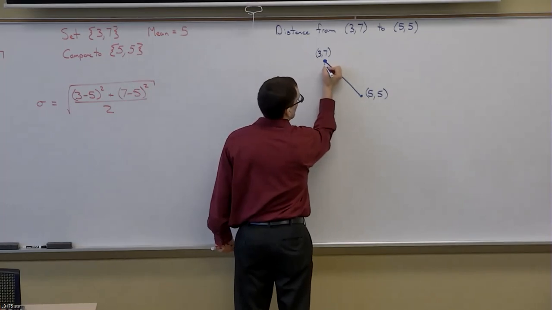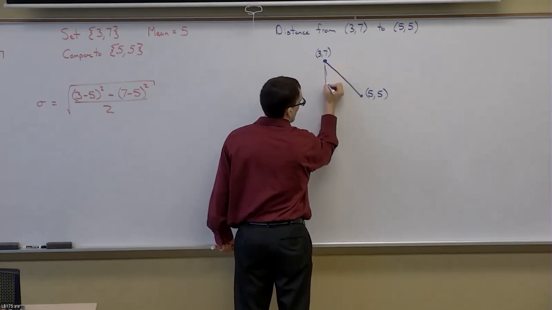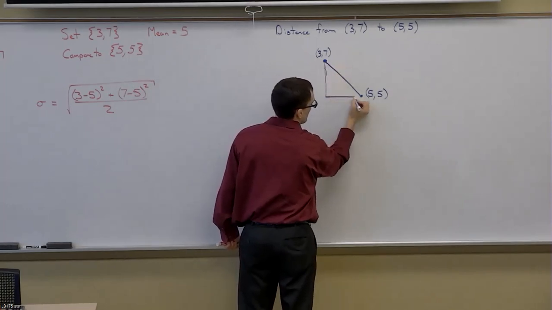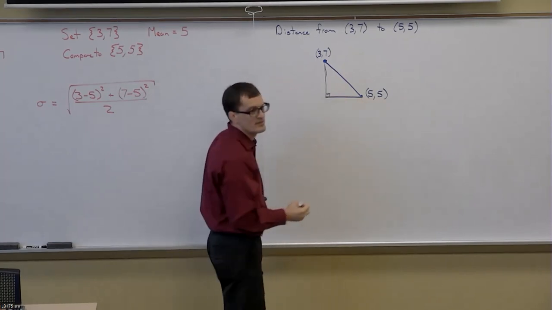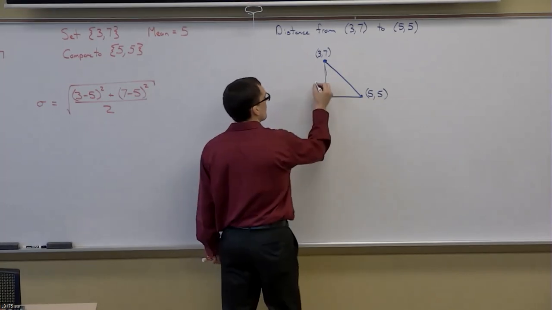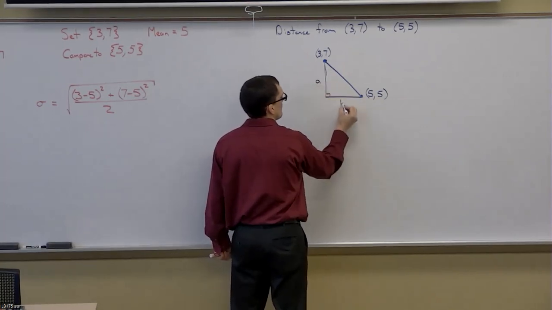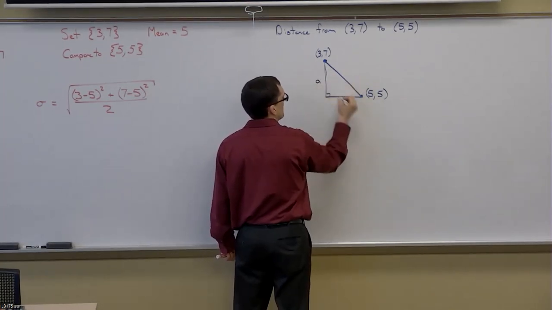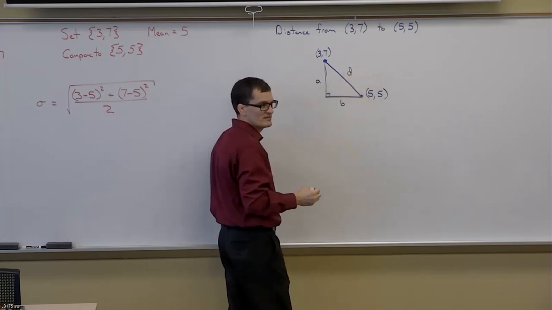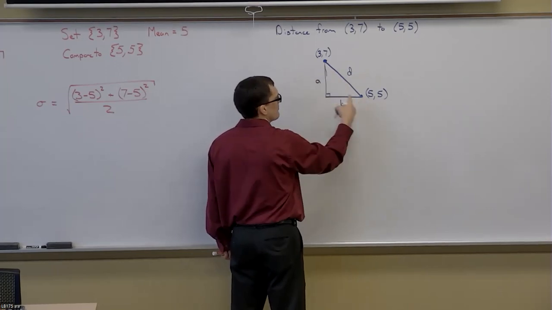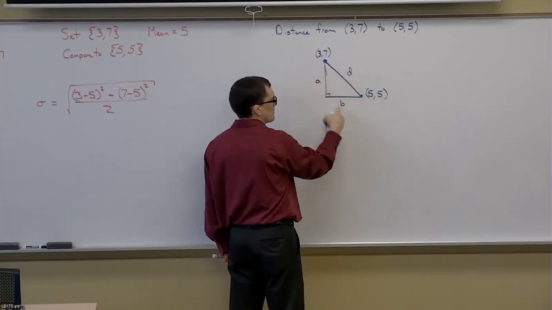Well, one way I could do it is by drawing a right triangle. Hopefully you know that on a right triangle with legs A and B, I'll call that D for distance, that the hypotenuse squared is equal to A squared plus B squared.